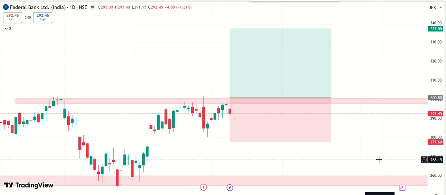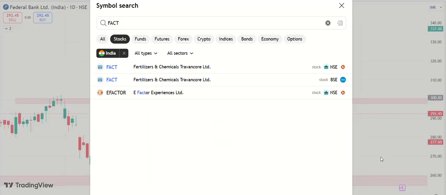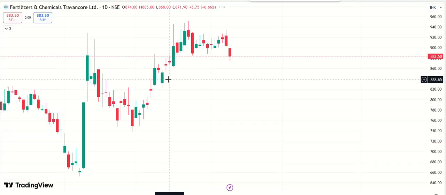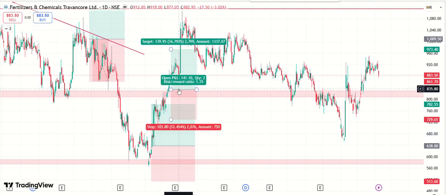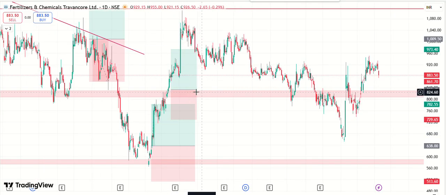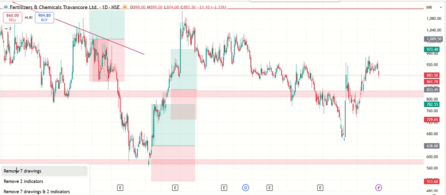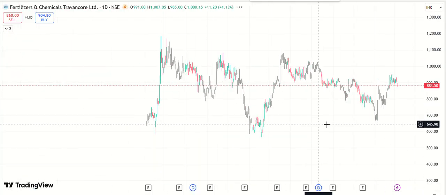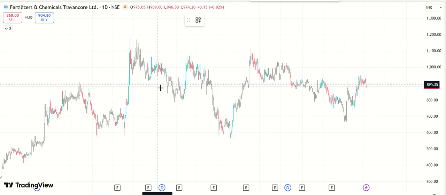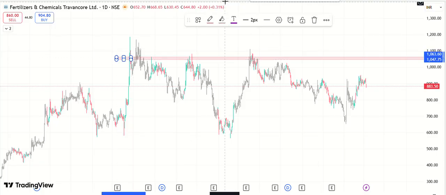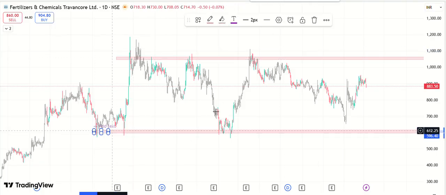I like this. Okay, next one is FACT, Fertilizers and Chemicals Travancore Limited. It already gave so much profit. I like this because it can give a huge momentum trade. Actually, it is in lower highs and lower lows, in consolidation and downtrend.